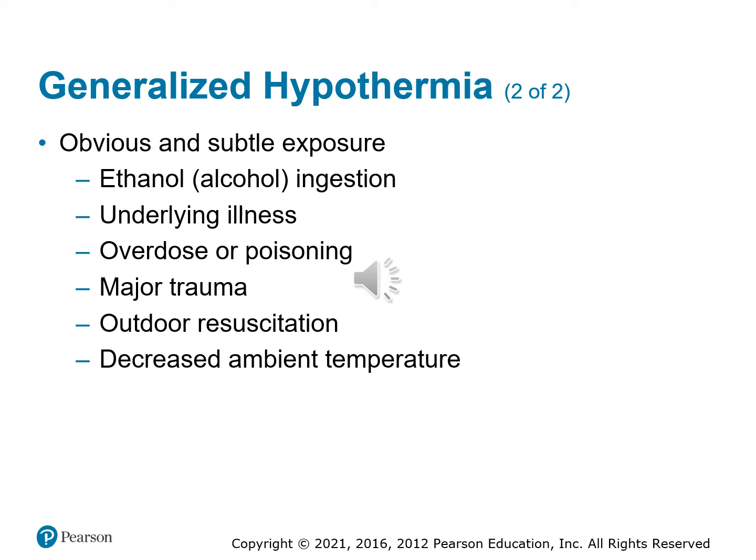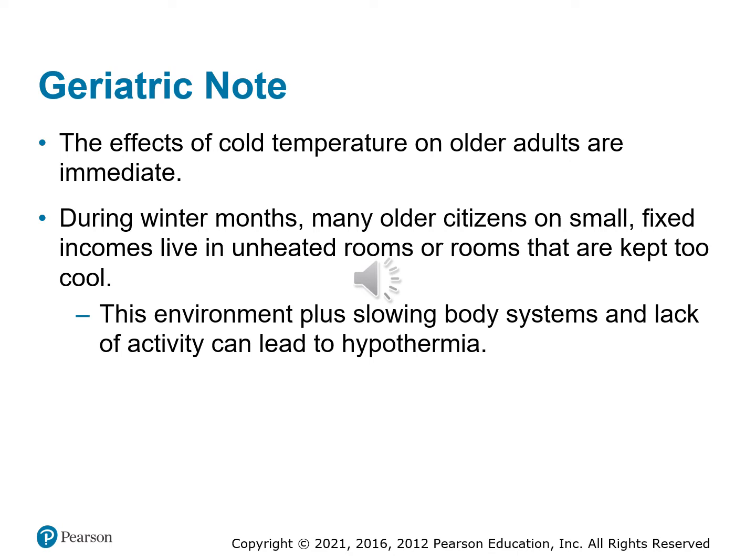So are they in an environment that potentially could cause this hypothermia? And then here's the geriatric note, just kind of covering what I talked about there. Their body systems are going to make them more susceptible to hypothermia, and then you put them in an environment with the slowing body systems, and it can lead to hypothermia.